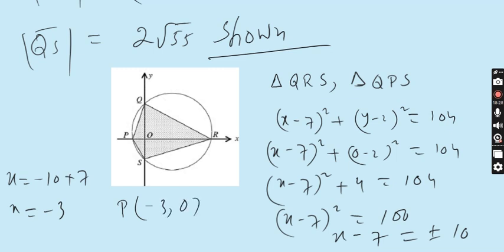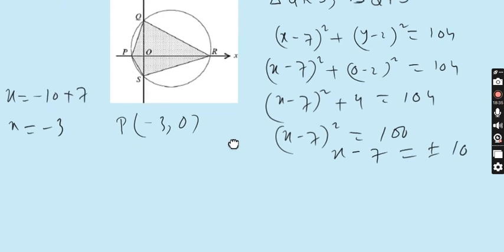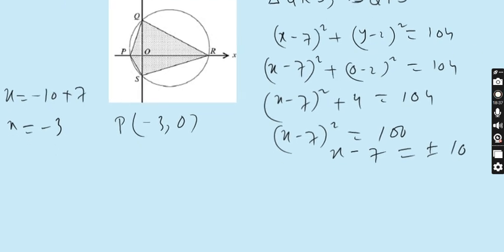Now we can easily find the area of triangle QRS. First, area of triangle QRS is half base times height.